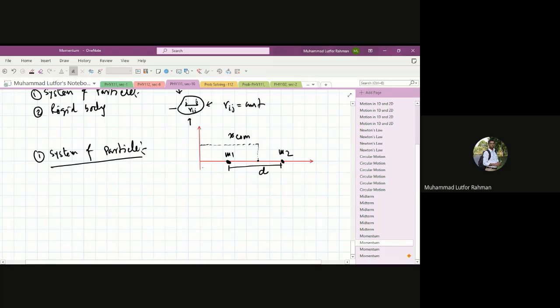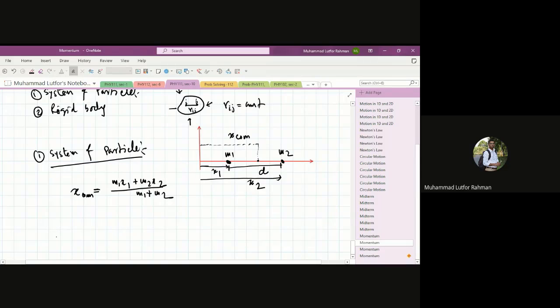To do the calculation, I will assume a reference axis. From that axis, I'll label the distance. This is x1, the corresponding distance, and for M2 this would be x2. Then the center of mass for this system, XCOM, would be M1 x1 plus M2 x2 divided by M1 plus M2.